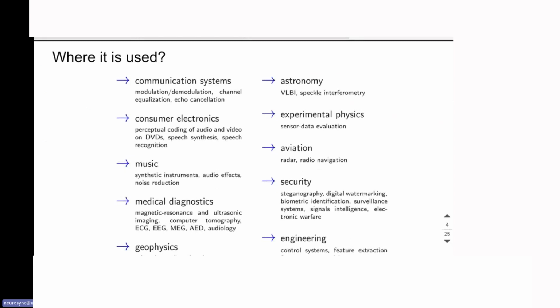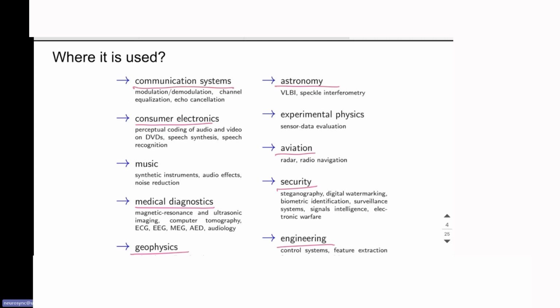Everywhere you can see its application, like in astronomy, in consumer electronics, in aviation, in security, in the medical field, and in engineering it is always there. Geophysics also, and communication systems.